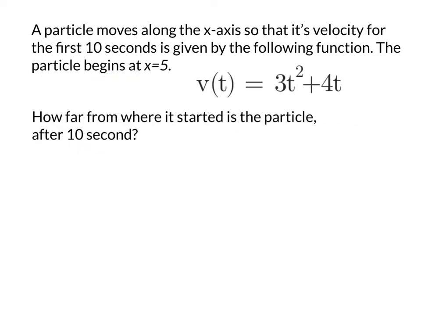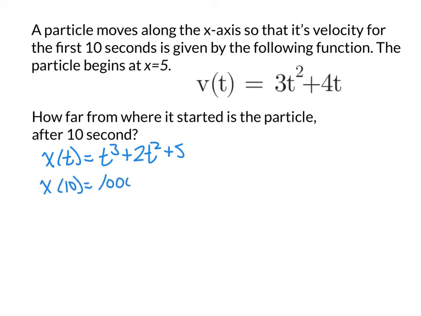So how far from where it started is the particle at the end of these 10 seconds? Well, we do have this position function now, that x of t is t cubed plus 2t squared plus 5. So we can just figure out where it is after 10 seconds. What is its position? That would be 1,000 plus 200 plus 5, or 1,205.